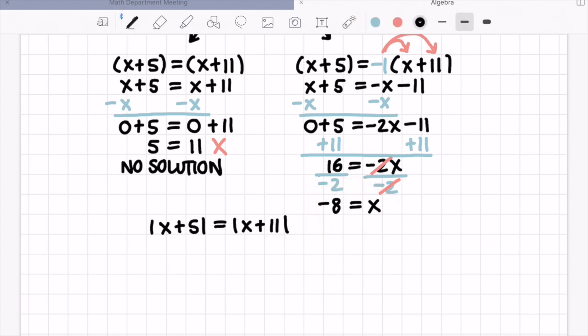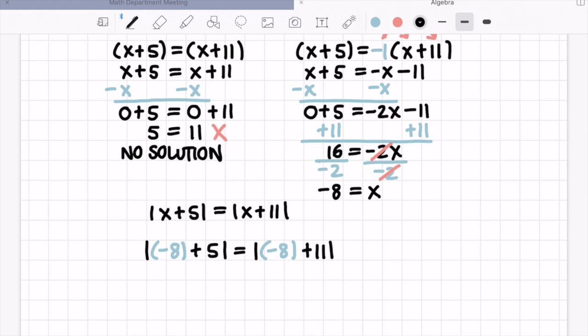I'm going to create parentheses because I want to make sure that whenever I'm substituting a number, I switch it out with parentheses and the number. And then I have negative 8 plus 5, and that equals the absolute value of negative 8 plus 11.